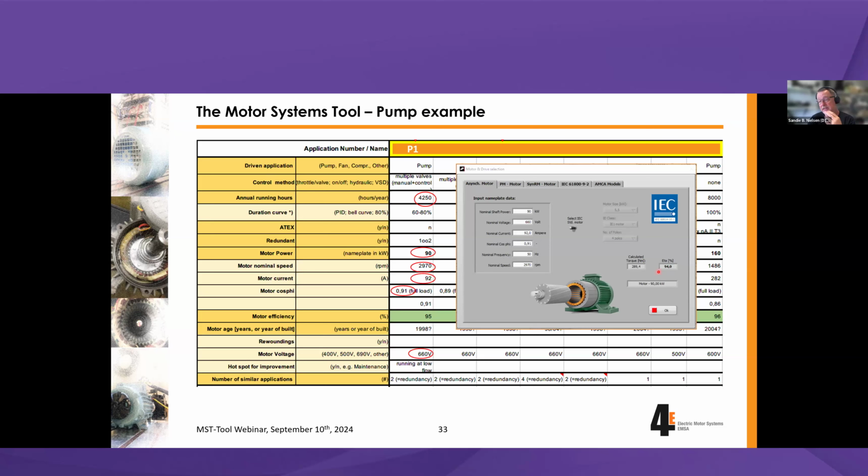The nominal eta is calculated from the output shaft power, 90 kilowatts, divided by the voltage times the amps times the power factor phi, times square root 3 as the input power. Very simple. So it's 94 according to the nameplate.